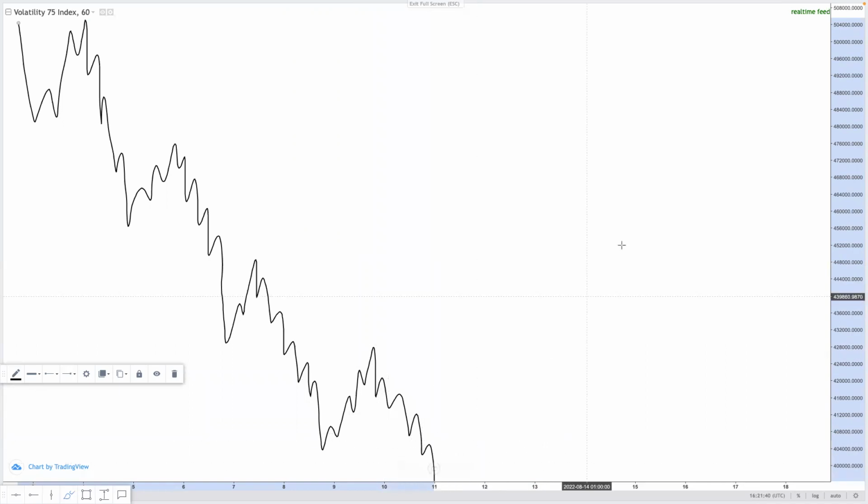The major structure retest usually occurs after the formation of the new invalidation. Straight after the new invalidation, that's when you'll find the major structure retest. For example, right here.